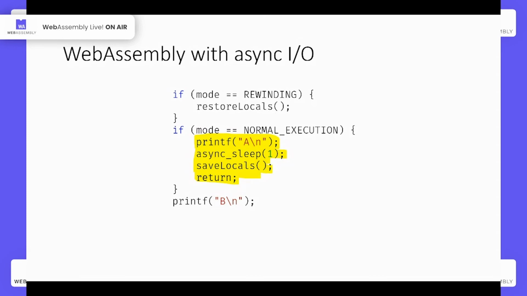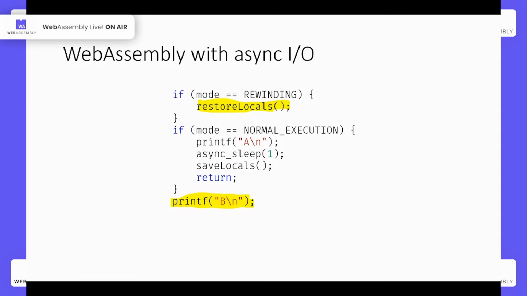As soon as the asynchronous operation is scheduled, Emscripten will save all the locals and unwind the stack, returning from each function all the way to the top until it returns to the browser event loop and gives control back. Then, once the async sleep resolves, Emscripten will call our function again, but this time in a different mode, with a variable set to rewinding, which will restore all the stored locals and evaluate only the part after the async sleep call, providing seamless execution as if the code was never stopped in the first place.